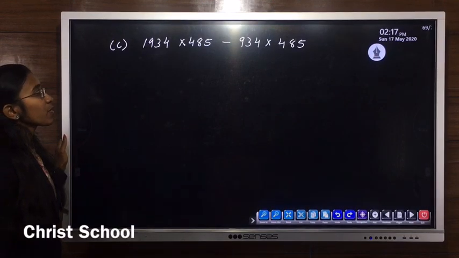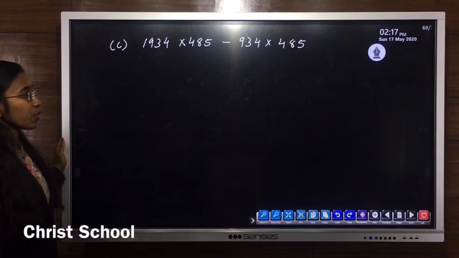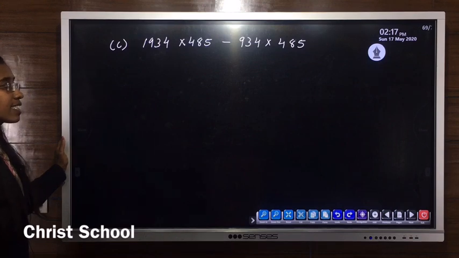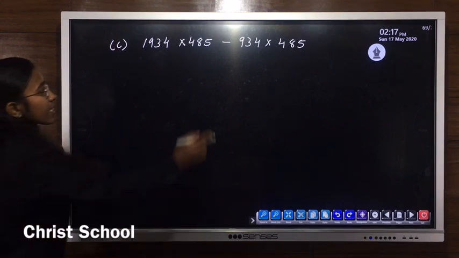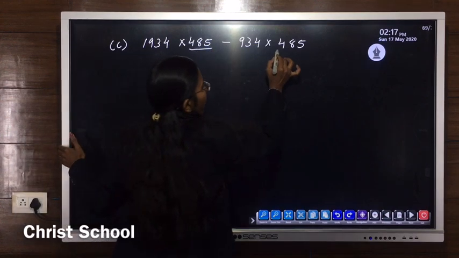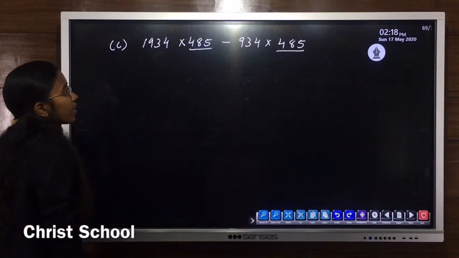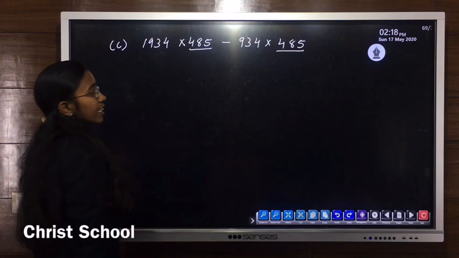C part: 1934 into 485 minus 934 into 485. So this is also actually the distributive property. Here our common number is this one, 485. And here our sign is minus.